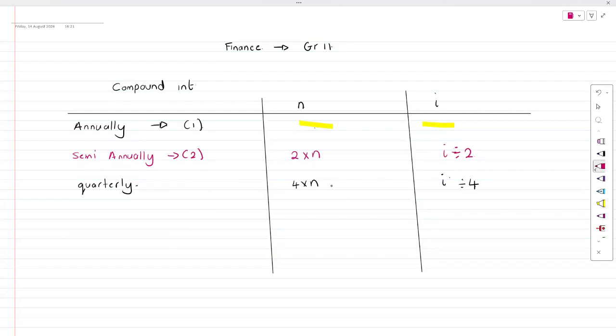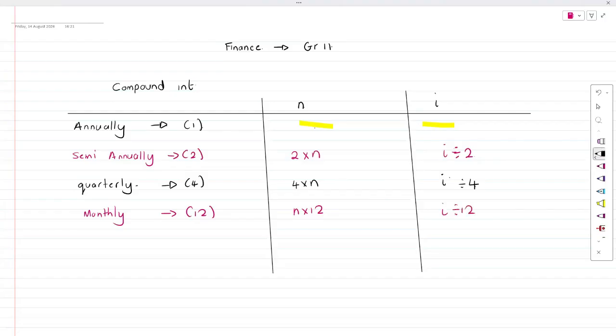After quarterly, remember quarterly is 4. After quarterly would be, let's go with monthly. I think monthly is fine. Monthly would be 12. So it means N times 12, I divided by 12.